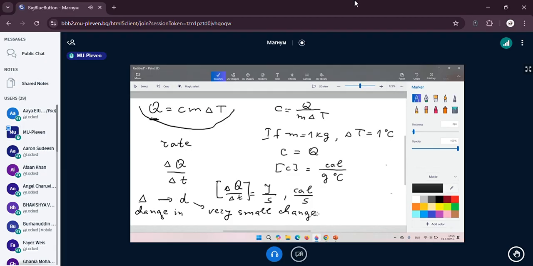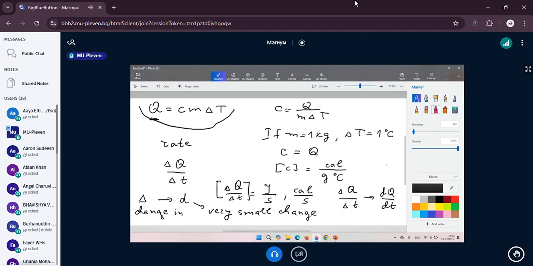And instead of writing delta Q over delta T, we will write dQ dt, the very small change in heat per unit time.